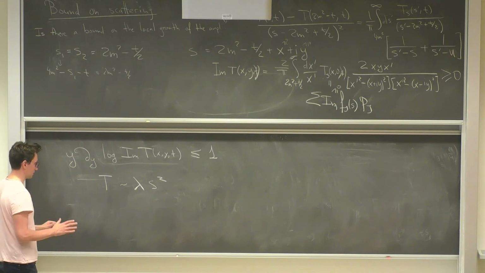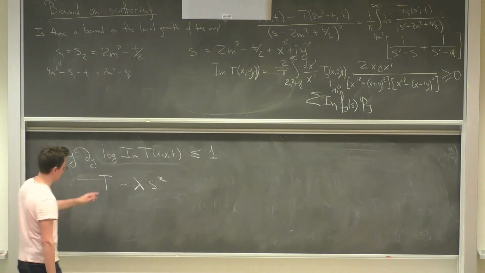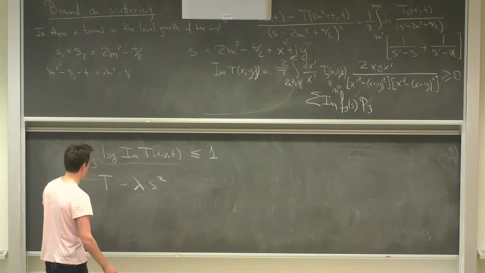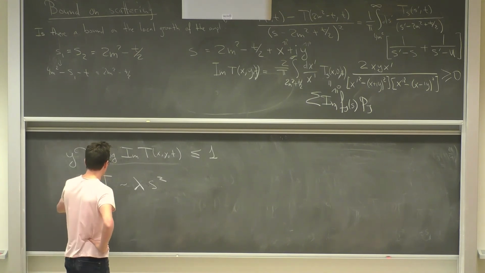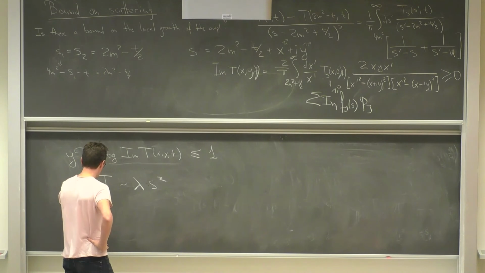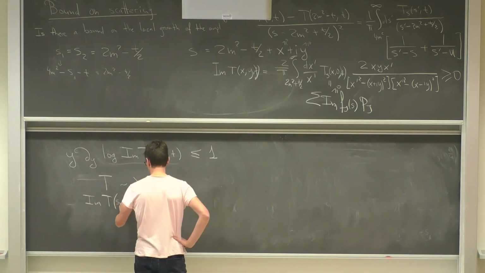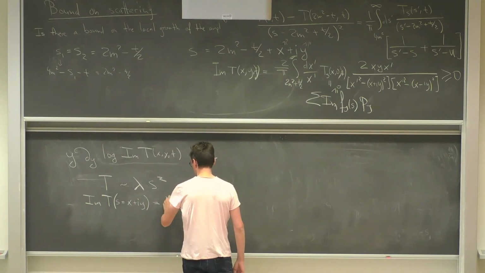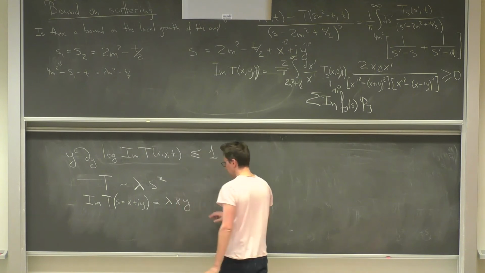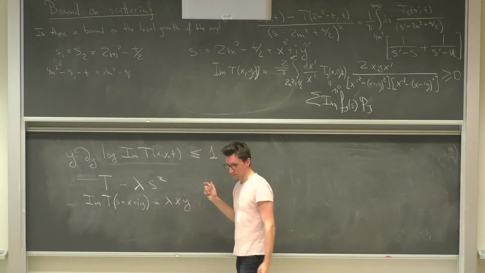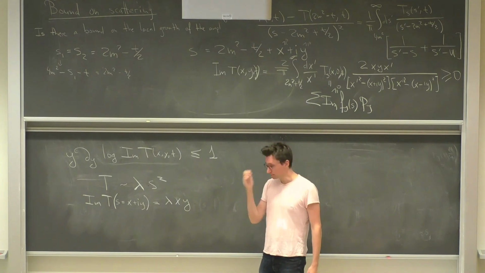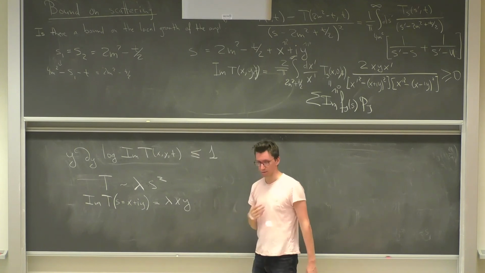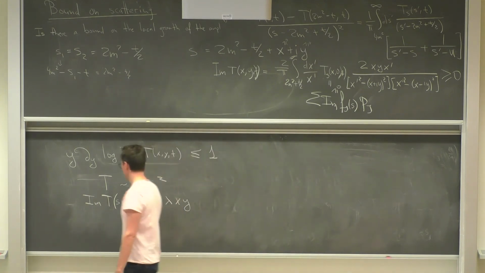But here we can imagine quantum field theory, and we go to low energies, and the amplitude somehow locally behaves like that, so it's within maybe some EFT. So let's compute now the imaginary part of T at s equal x plus iy. We just get lambda xy. And if we plug it here, indeed this bound is saturated. So this amplitude saturates this bound, as it was with the signal model.